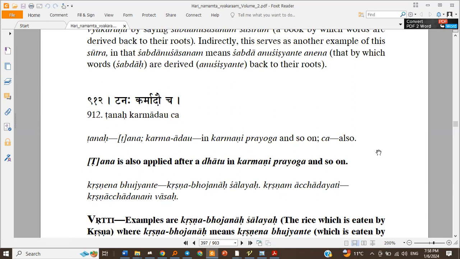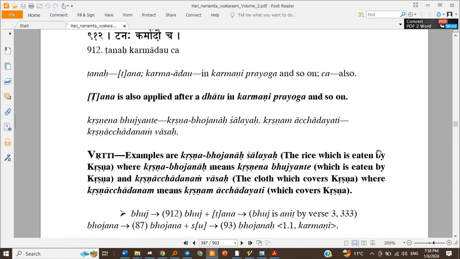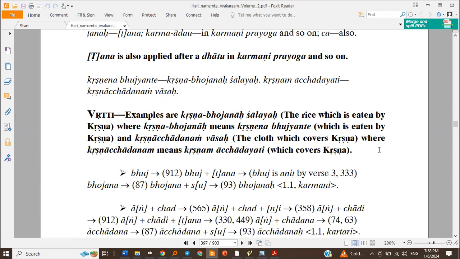9:12. Tanaha karmadau cha. Tana pratyaya is also applied after dhatu in karmani prayoga and so on. So examples are Krishna bhojana shalayah, the rice which was eaten by Krishna. Krishna bhojana means Krishnena bhujyante, which is eaten by Krishna.